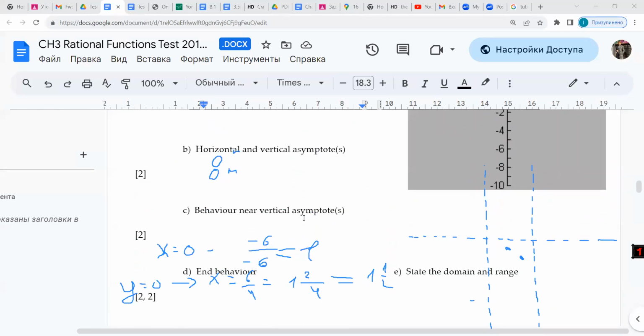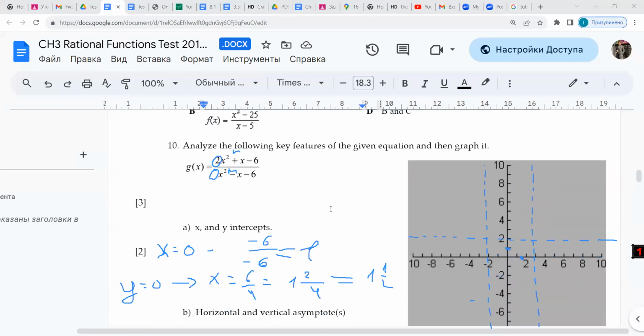Let's see what's next. Behavior near vertical asymptote. Behavior near a vertical asymptote can be identified by approaching x to -2 from the positive and negative side, because this is one of the vertical asymptotes we have, and approaching x to 3 from the right and left hand side respectively, plus from right, minus from left, and see what happens if you substitute those values into the formula.